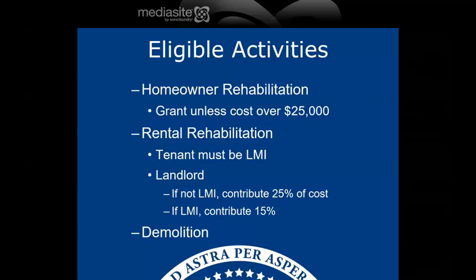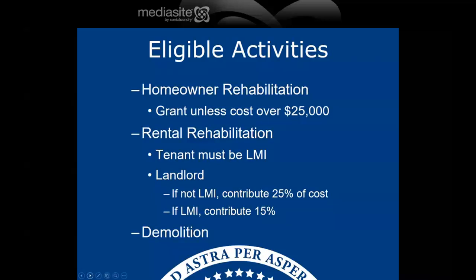So for a long time, we didn't have them contribute anything, and then there was no buy-in. What we found was they didn't take care of the properties after we left as well. So we then put in a contribution of 15%. If they are LMI, they still are making money off of it. So we feel like they should at least contribute 15% of the rehab cost.